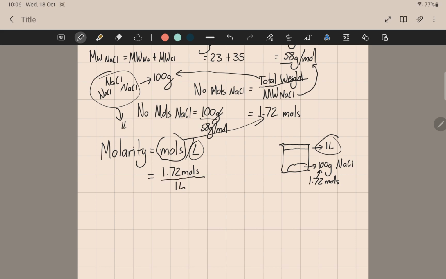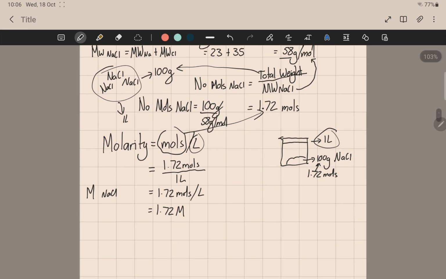Now, of course, 1.72 divided by 1 is just 1.72, and we ended up with moles per liter. So there's our molarity. Okay, so the molarity of sodium chloride. Now, quite often, instead of writing moles per liter, the units will just be M, all right? So 1.72 M, that's our molarity.